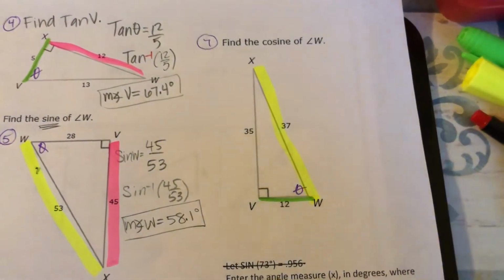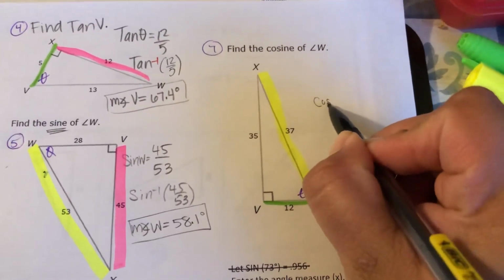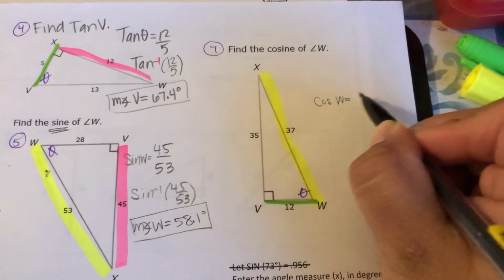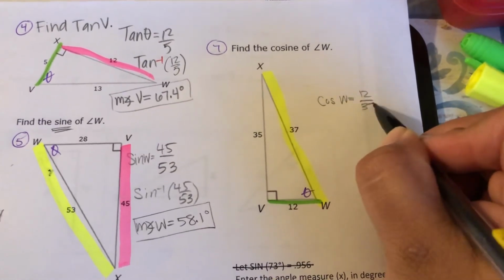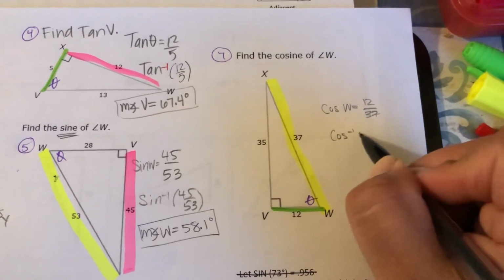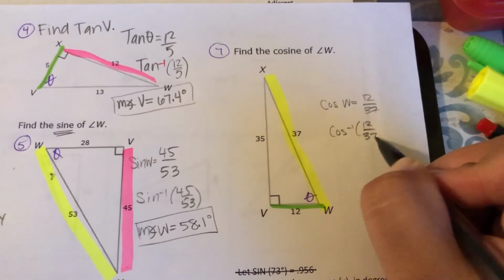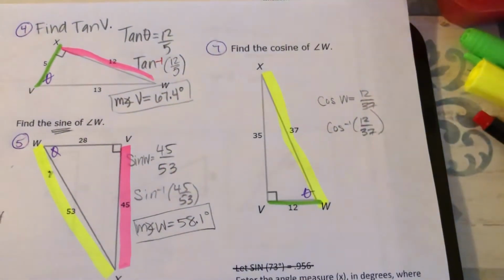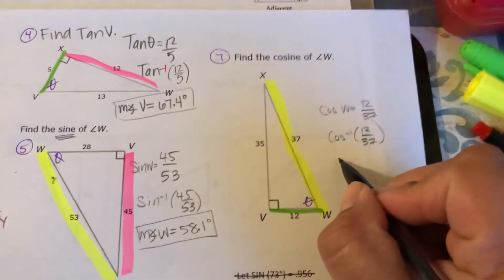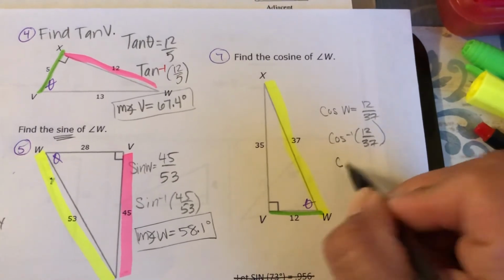If we go ahead and plug that in, cosine of W is equal to 12 over 37. Okay, we can use our inverse, cosine inverse 12 over 37, and that equals 71.07 or 71.1.